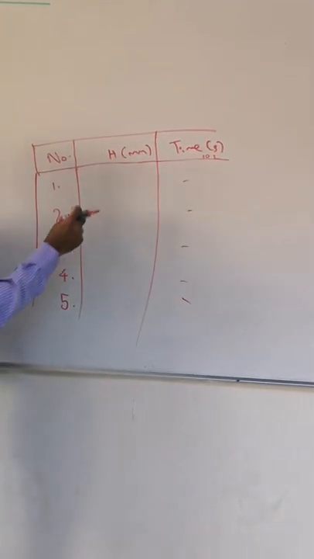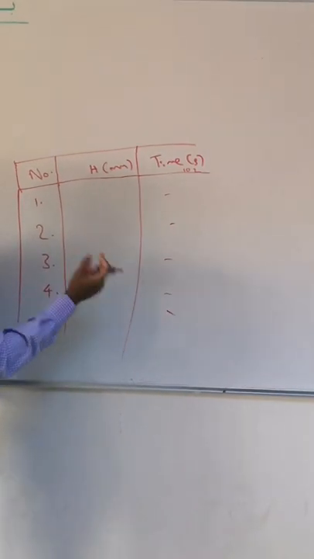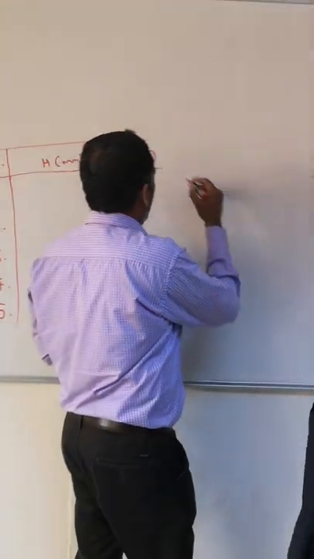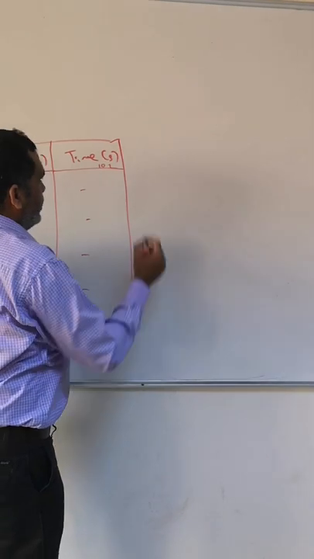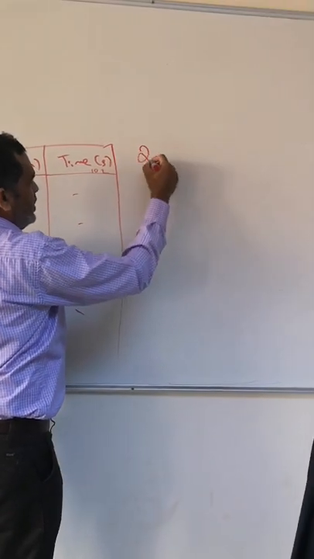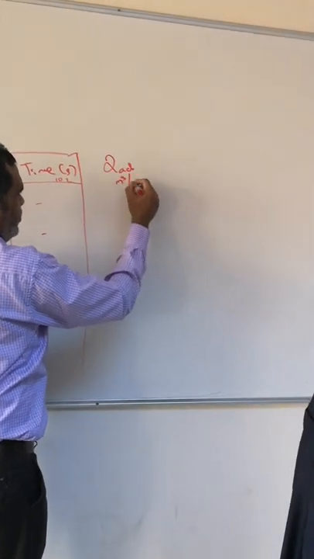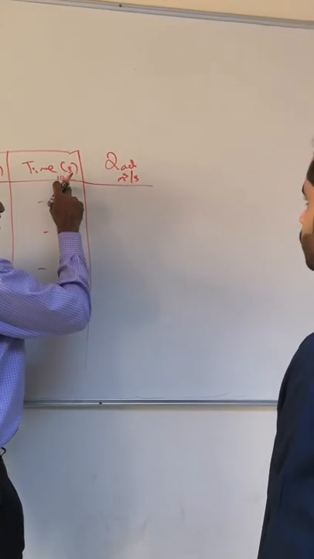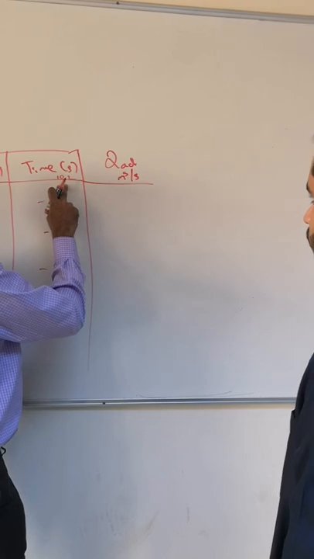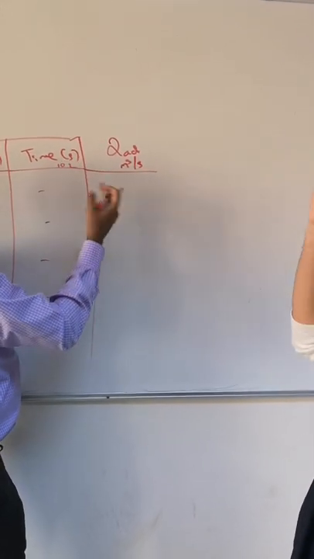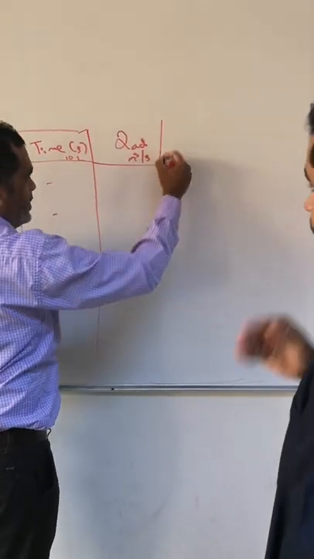Once you know H, you can calculate. From the time you can calculate Q actual. Q actual you need to calculate in meter cube per second. This is in liters per second, 10 liters per time in seconds, so you need to convert into meter cube per second.